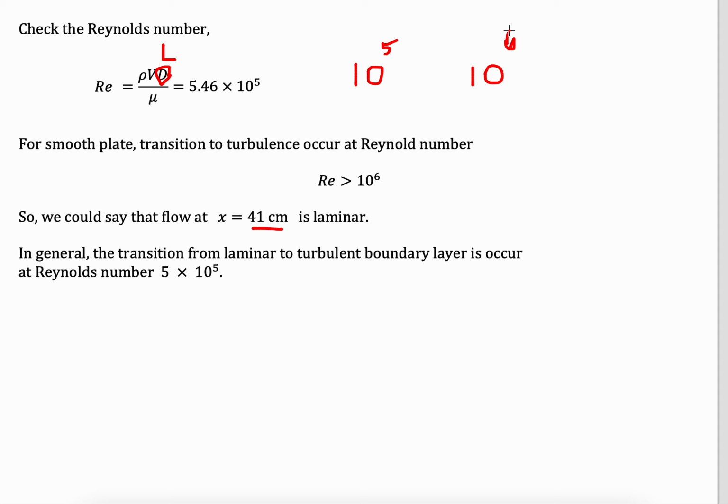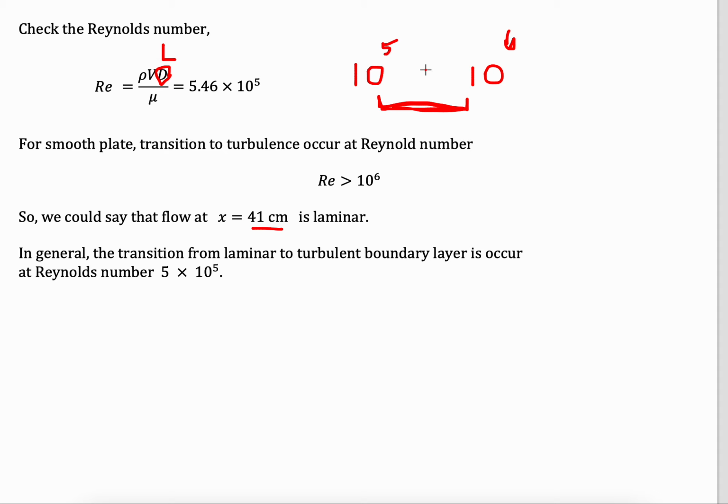Why? Because for a flat plate, the transition is quite long. In this region, the transition between laminar and turbulent occurs. The idea of transition means the percentage of turbulent boundary layer will increase from 1% to 100%.